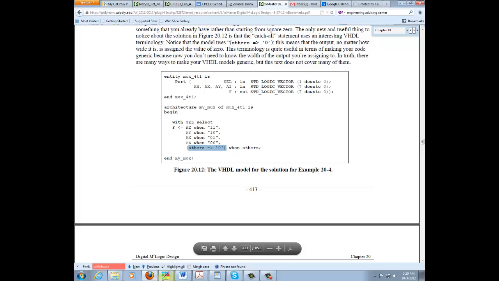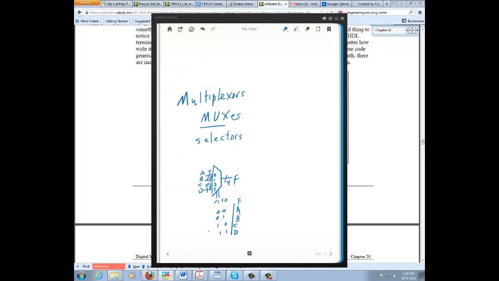So the special relationship between the select signals, the inputs and outputs is as follows. The number of inputs is going to be 2 to the number of select bits.